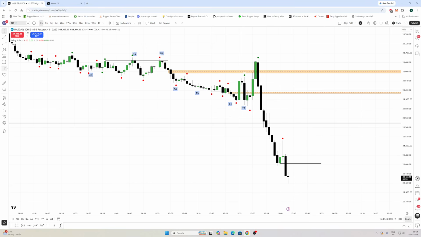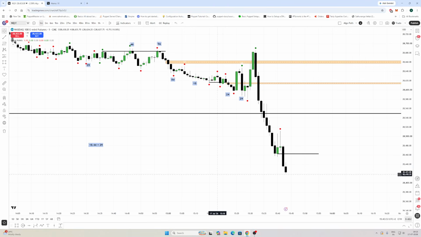Okay, because at this hour 1544 is also 29, and it will create a pivot if to meet the algo path. 1532, 3132 doesn't make sense to short, so I didn't do it.